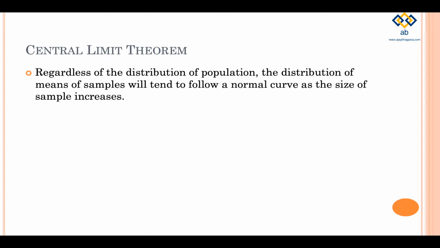What this theorem says is that regardless of the distribution of the population, this is the population, the distribution of means of samples, which is the sampling distribution, would tend to follow a normal curve as the size of sample increases.